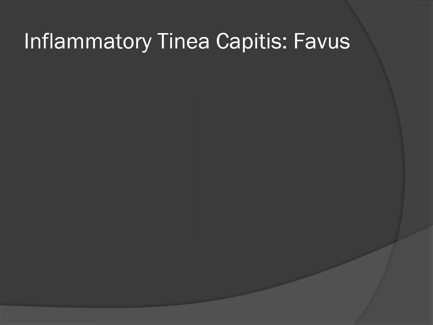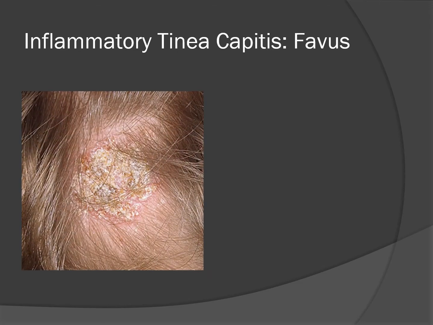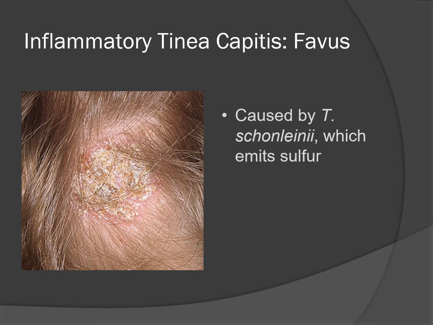A special type of inflammatory Tinea Capitis is the favus. The favus appears like this, and it is caused by the fungus Trichophyton schoenleinii, which is a fungus that emits sulfur.